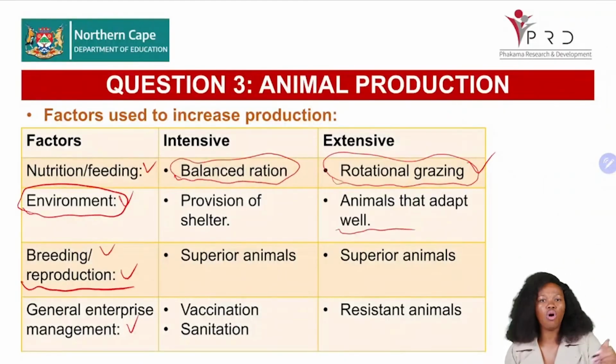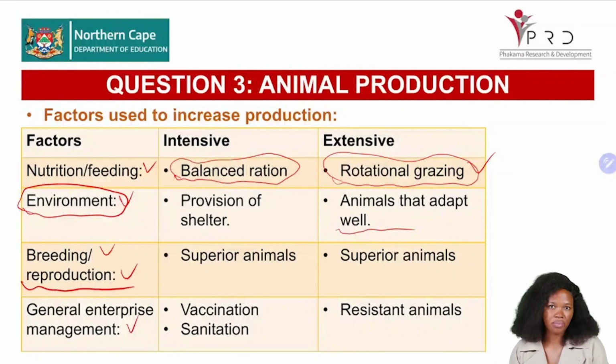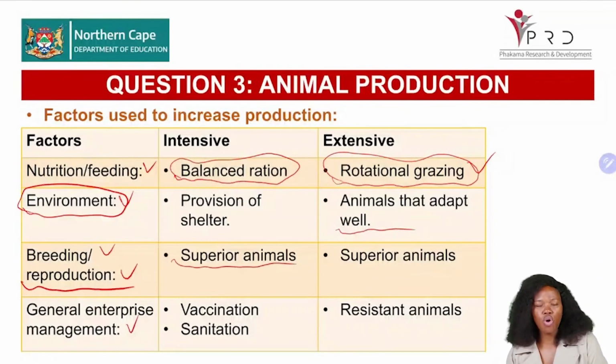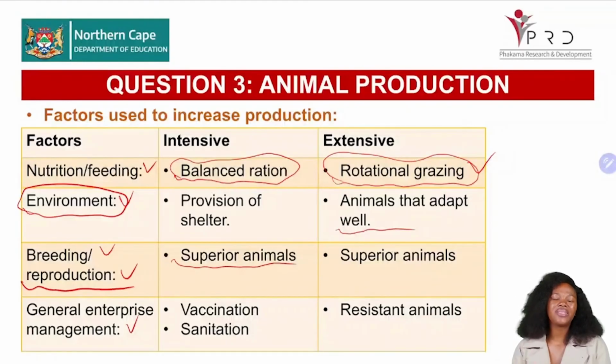Right? Another factor called breeding or reproduction. When it comes to breeding, you allow animals that are genetically superior to mate so that they will give rise to offsprings that are also genetically superior.